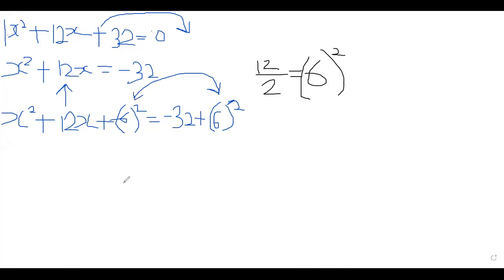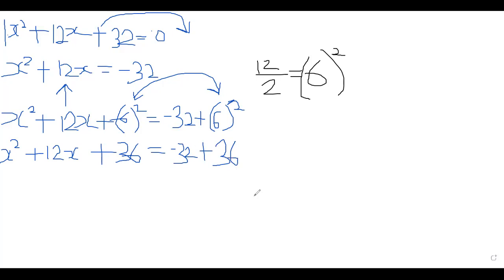Can you see it? So now that I've done this, it makes it very simple. So that'll be x squared plus 12x plus 36 equals minus 32 plus 36.